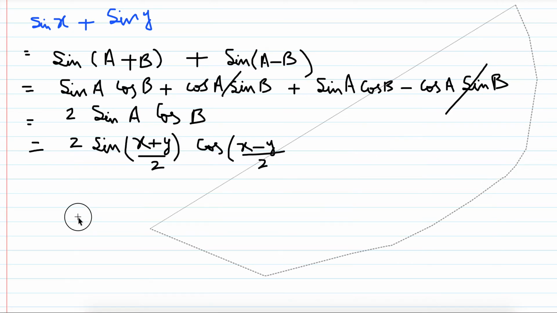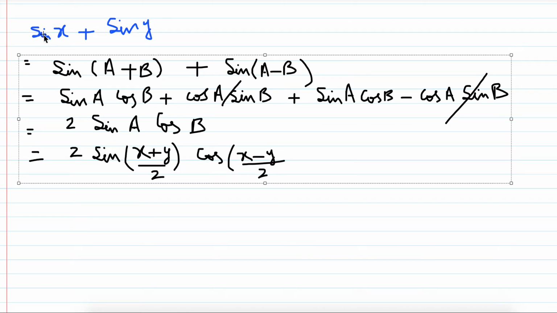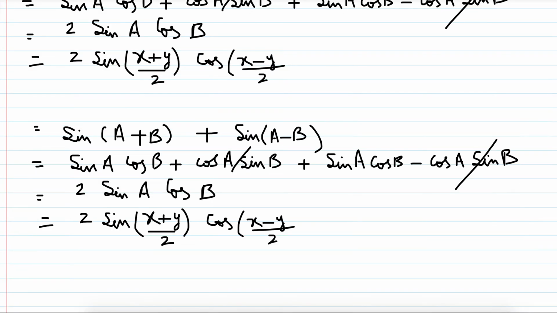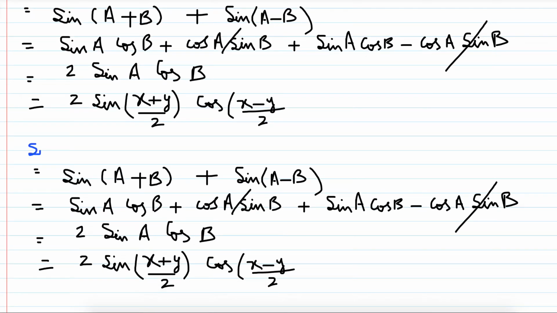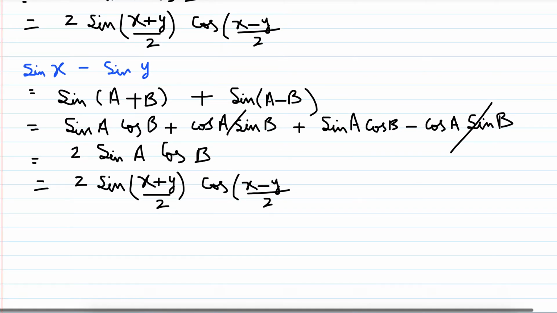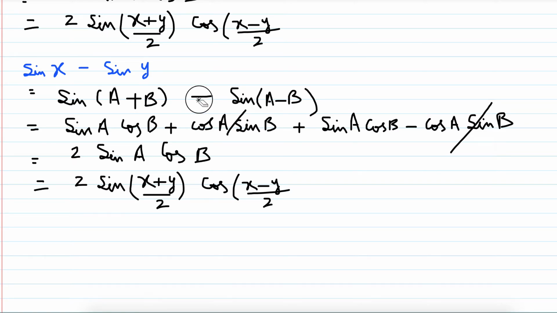Now I want to copy this entire thing and paste it here for sin x minus sin y. So here again A is x plus y by 2 and B is x minus y by 2. Here it becomes minus instead of plus. So this term will remain the same, it will become minus, and this will become plus.